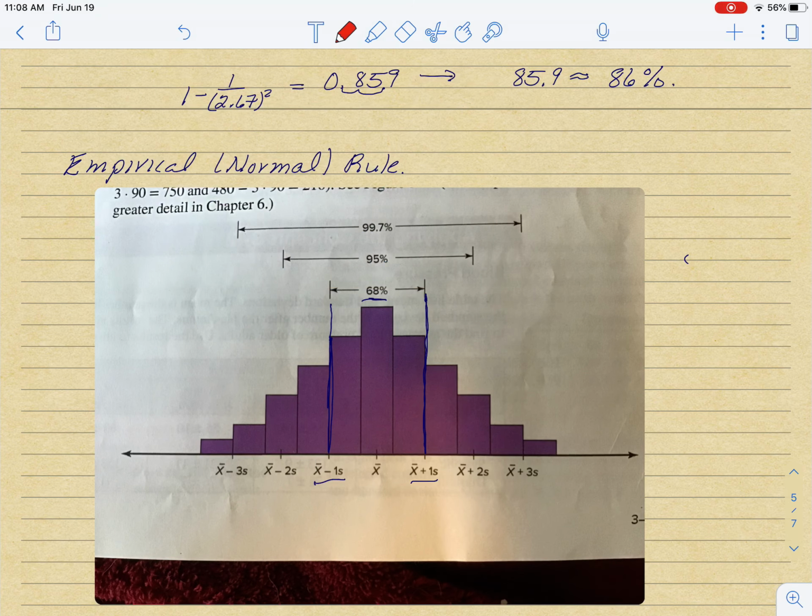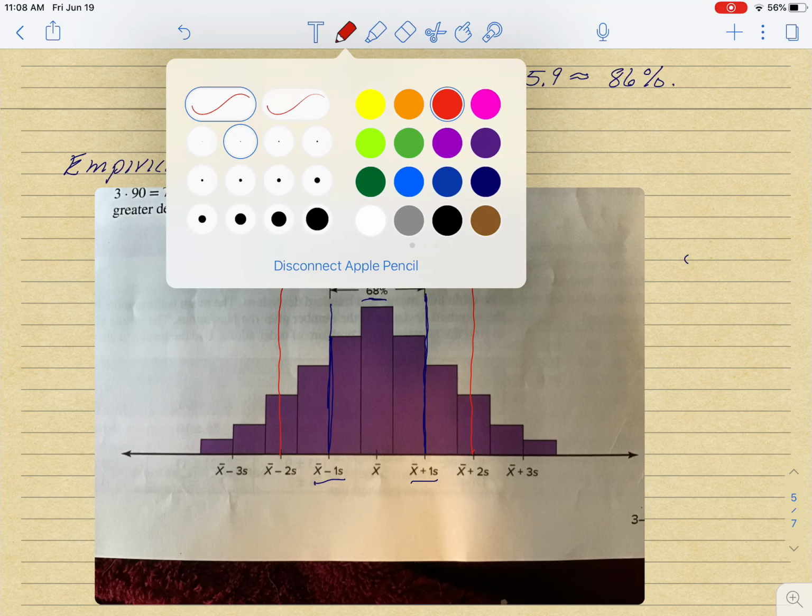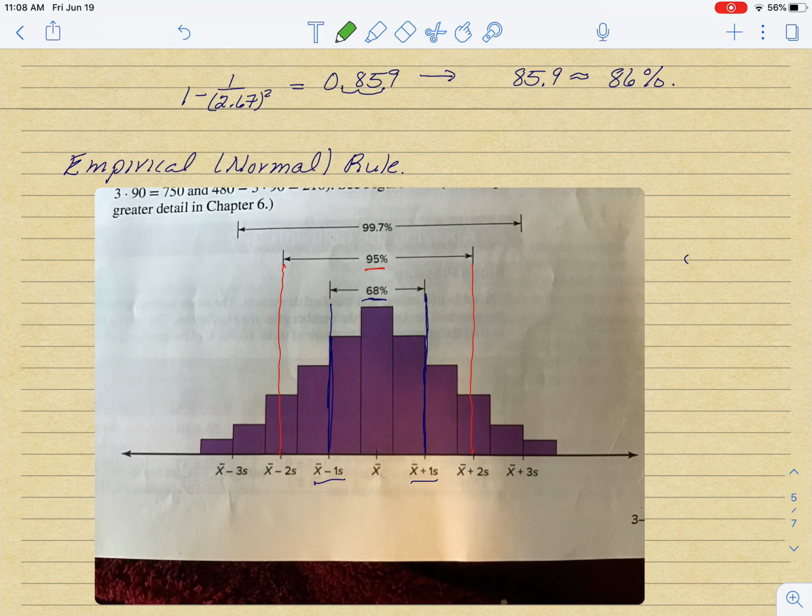If you go 2 standard deviations away from the mean, that's right here, 2 standard deviations from the mean will pick up 95% of your data, and 3 standard deviations away from the mean will pick up 99.7% of the data.